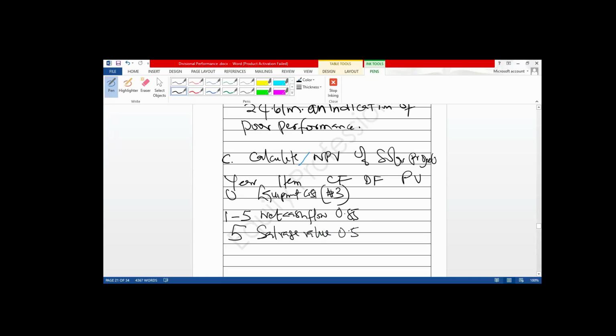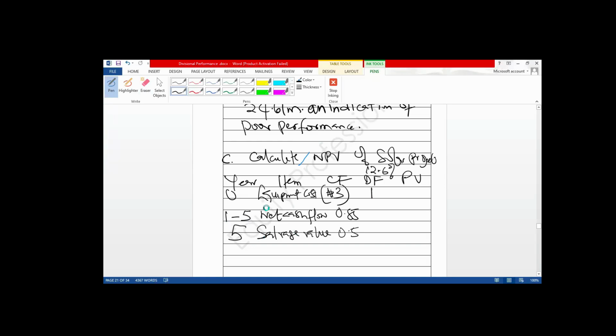Examiners say the cost of capital is WACC. Our WACC is 12.6%. Find the NPV. Discount factor at 12.6% for year zero is 1.